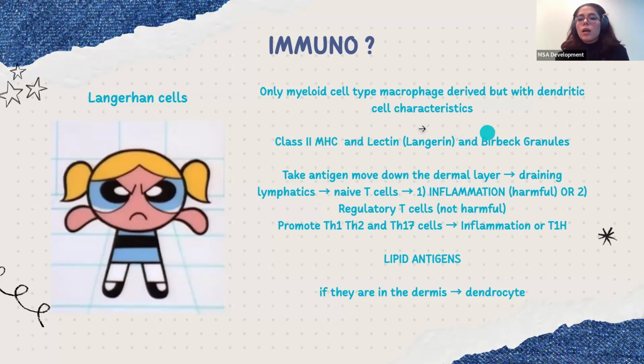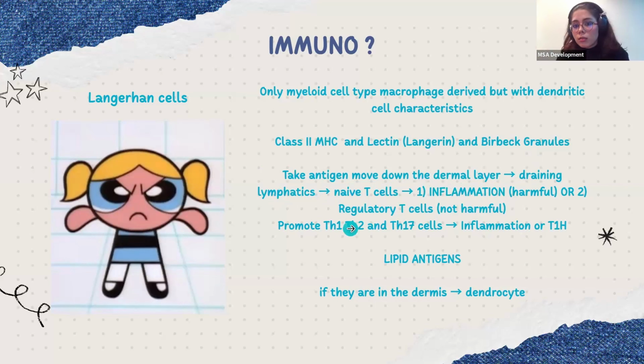They're macrophage derived with dendritic cell characteristics. They're class 2, she has two pigtails, so class 2 MHC, and they have langerin and Birbeck granules. Do you need to know what they do? I don't think so. They take the antigen, so if you're exposed to a bacteria, they take the antigen down to the dermal layer, below the stratum basale.